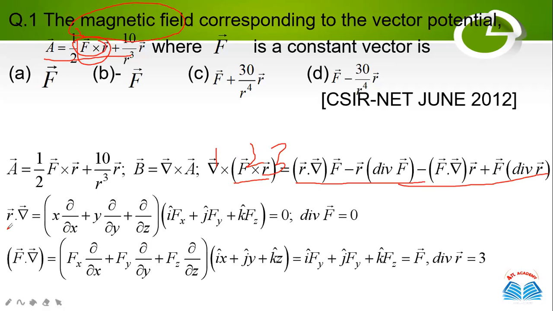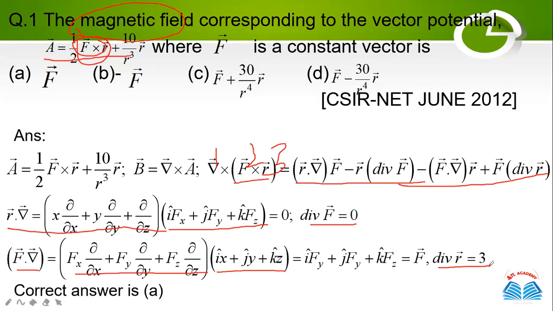Again, R dot del F means this one. The divergence of F is 0. F dot del means F dot the value of del, acting on R, and you get the divergence of R equal to 3. Put all these values in one by one, and at last you will get the answer.